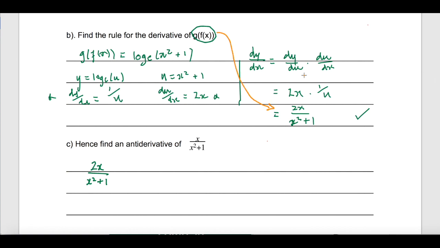So to go backwards, if we integrate that, that's going to get us back to what we had originally, which is g of f of x, which is log base e of x squared plus 1.